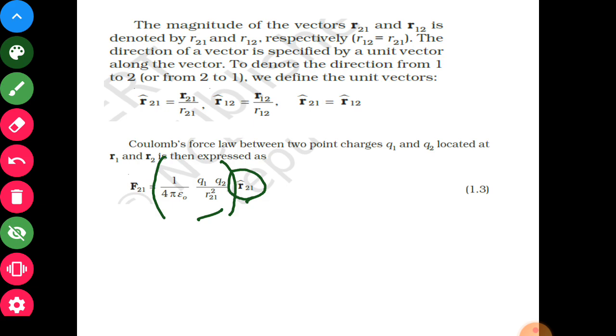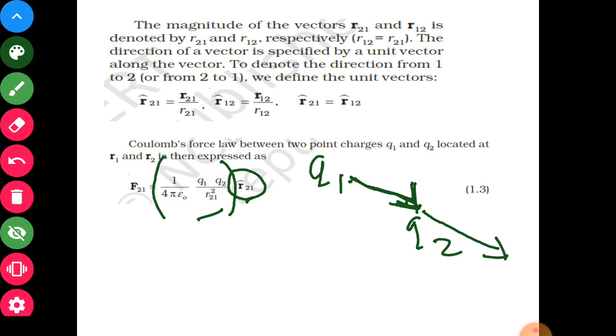That vector is in the direction from 1 to 2. Force on 2 by 1. Say this is q1 and this is q2. So unit vector r21 is from 1 to 2, so the force is in this particular direction.